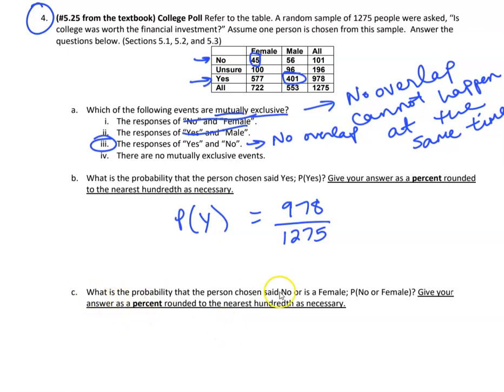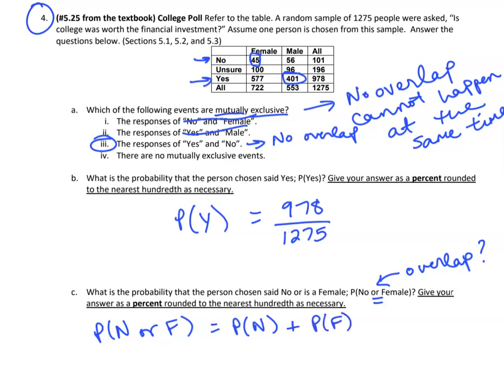C says, what is the probability that the person chosen said no or is a female? So when you see the word or, this is where you want to consider whether or not they are mutually exclusive. In other words, ask yourself, is there overlap? So in this case, the probability that somebody said no or female would be the probability that somebody said no plus the probability that somebody said female minus the probability that somebody said no and is a female.